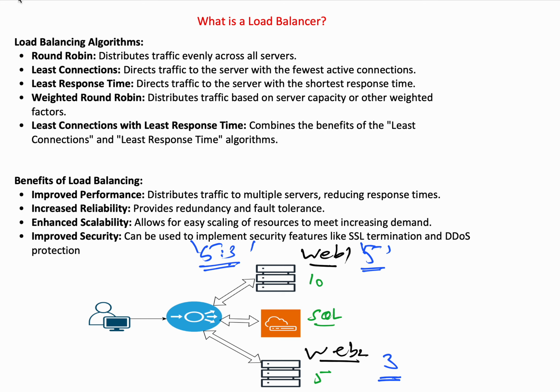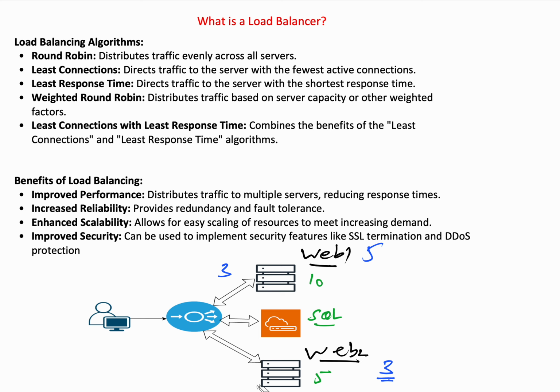Now the other one is least connections with the least response time. It is just similar to doing an AND function. You want least connections and least response time. If the first one has 5 connections and the second one has 3, just for example, and this one is responding back to me in 3 milliseconds, this one is responding back to me in 2 milliseconds, I'll choose this one because least connections and least response time.